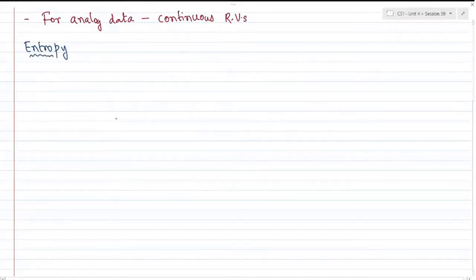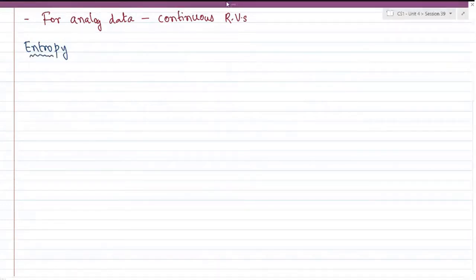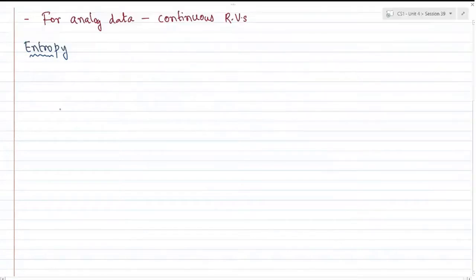Okay, all right. So for a random variable in case of analog data, which is continuous in nature, random variable x takes a value in the range.